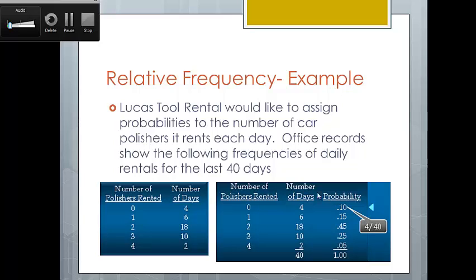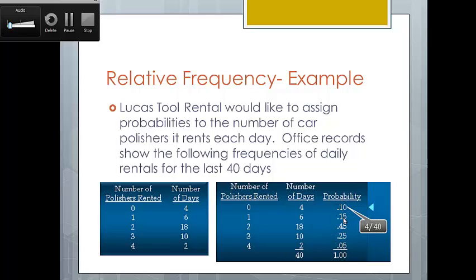So the probability of each is then calculated. We're looking at a total of 40 days. On 4 out of those 40 days, they rented 0 polishers. So the probability of renting 0 polishers on any given day is calculated as 4/40, or 10%. They calculated all of these individual event probabilities based on past histories.